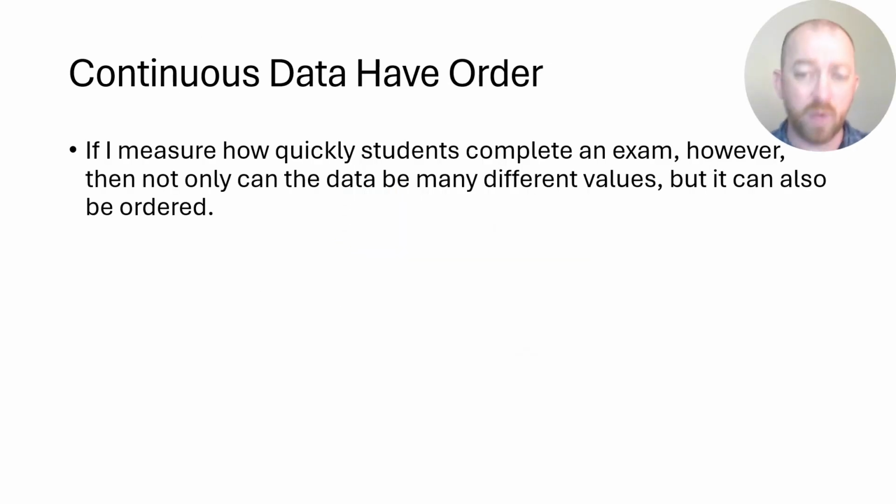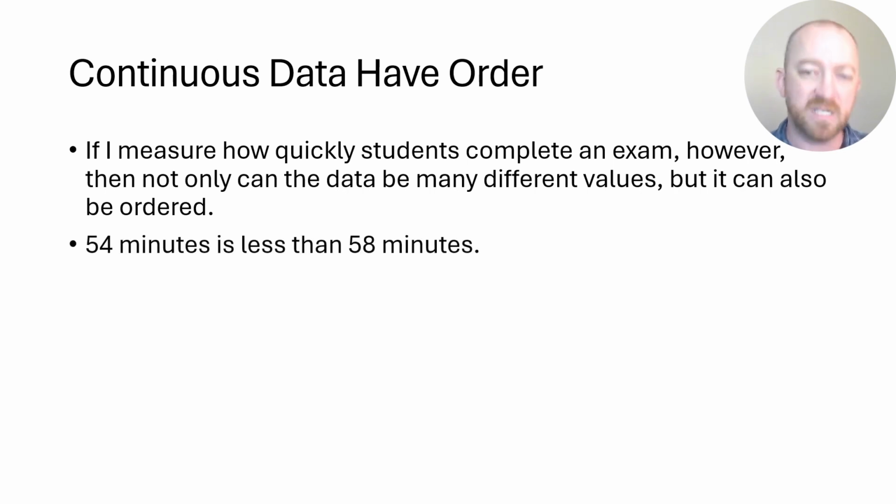Okay. However, in contrast, continuous data do have, at a bare minimum, an inherent order to the values they can take on. Okay. So it must be able to be ordered. For example, time is inherently continuous in nature because it has shorter time periods and longer time periods.